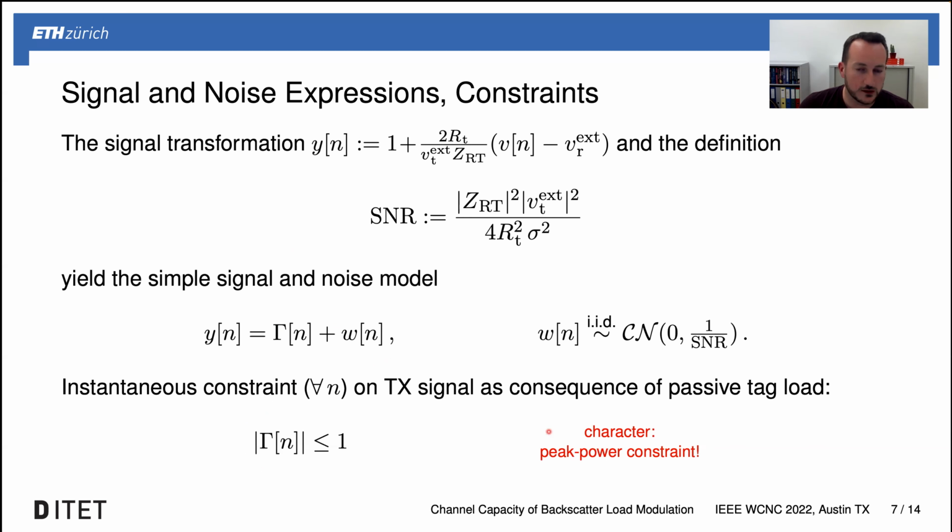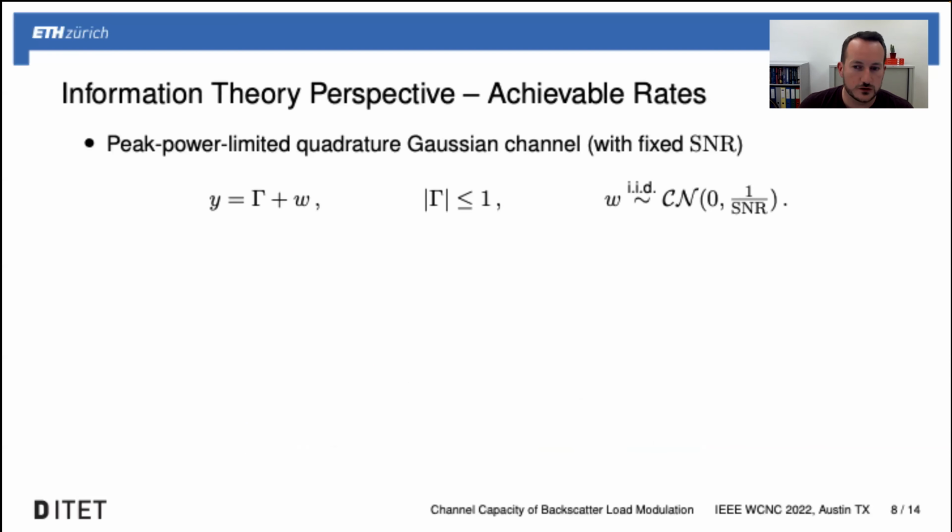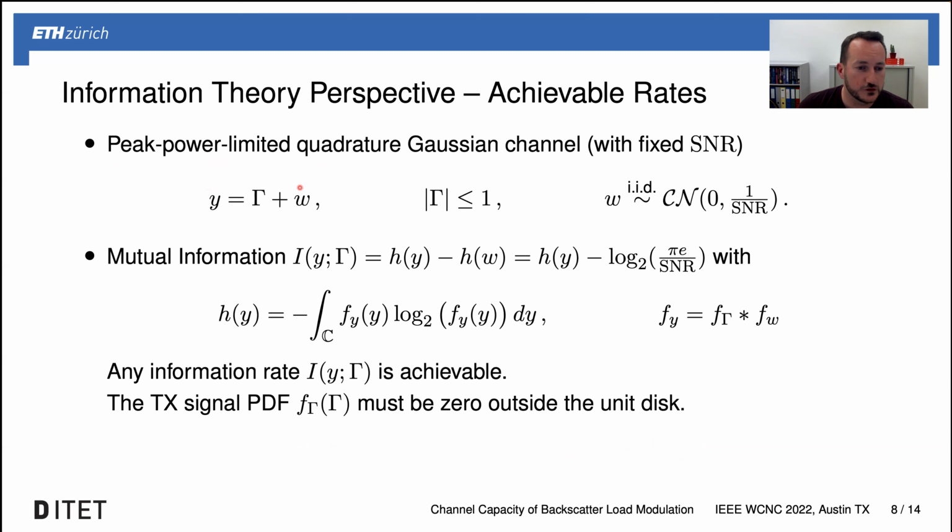And so we can enter the world of information theory now. We have this model here in terms of random variables, and we identify it as a peak power limited quadrature Gaussian channel, which in the non-ambient case has fixed SNR. So we can discuss the mutual information between the transmit signal and the received signal.